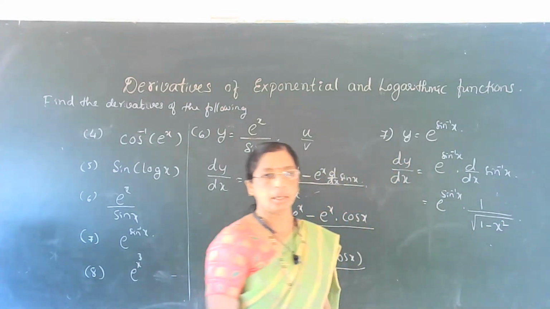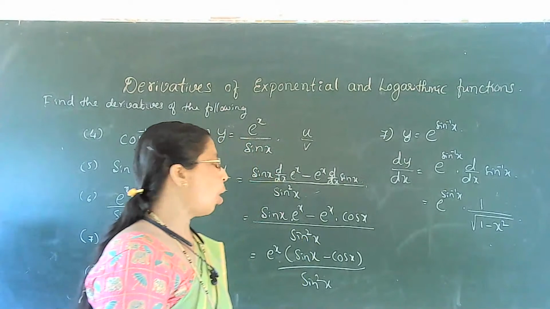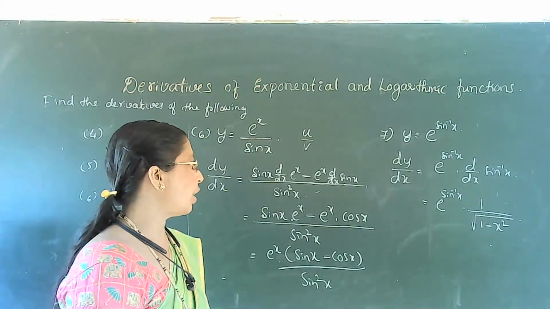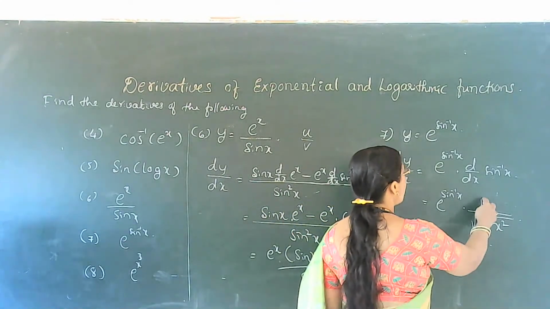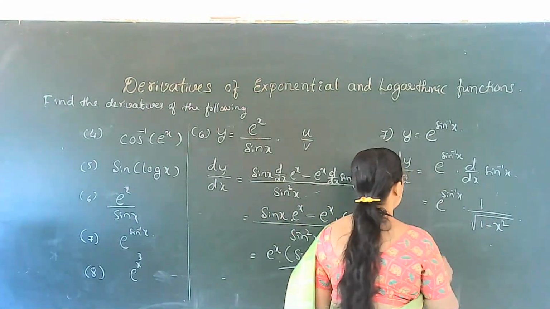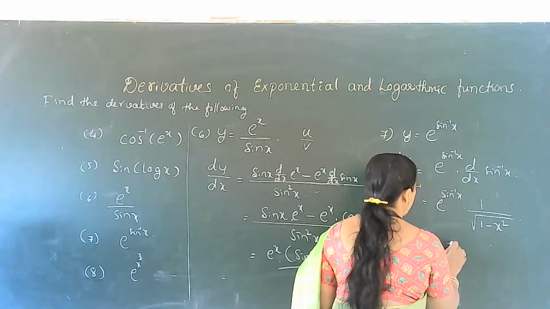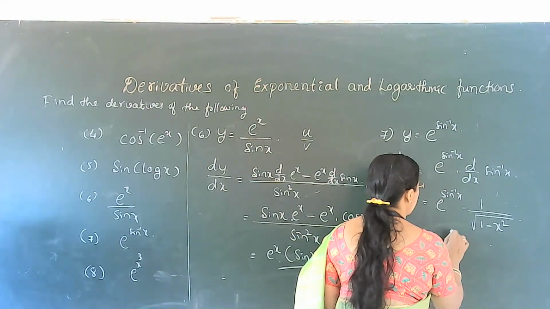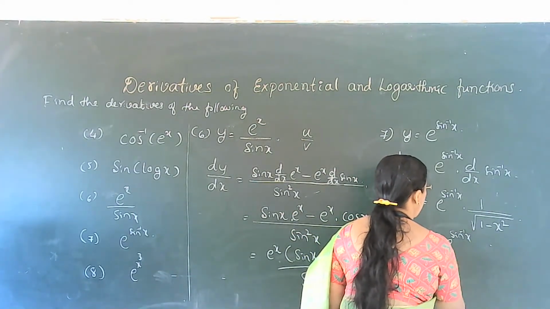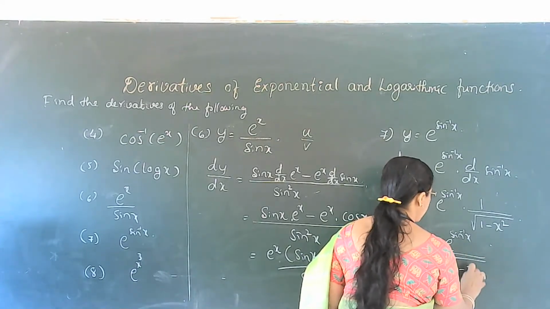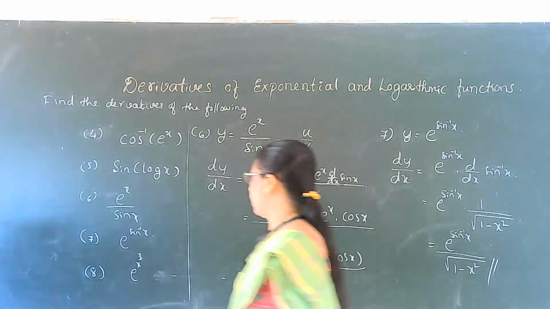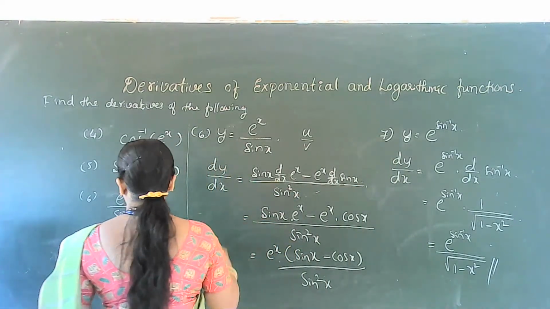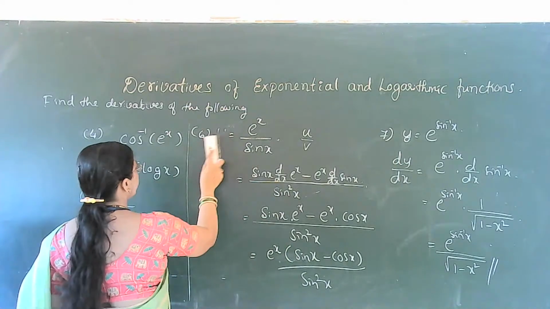We already said the derivatives of inverse trigonometric functions. The derivative of sin inverse x is equal to 1 divided by square root of 1 minus x square. Therefore, e to the power sin inverse x divided by square root of 1 minus x square is the derivative of the function.